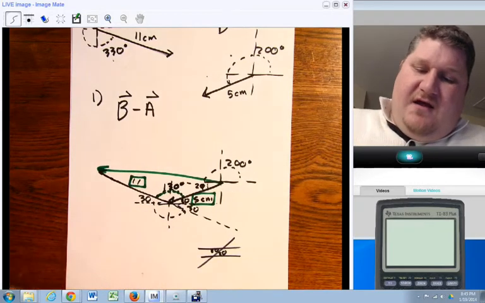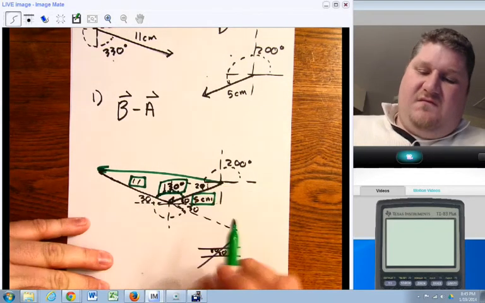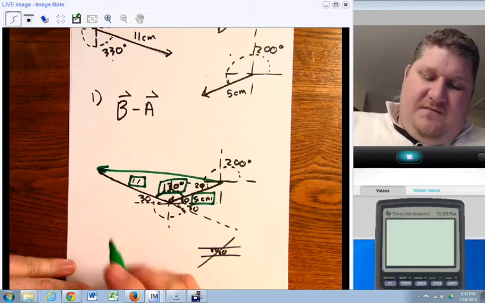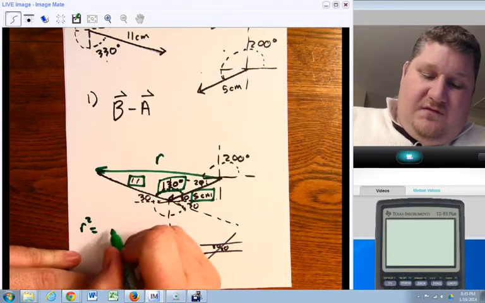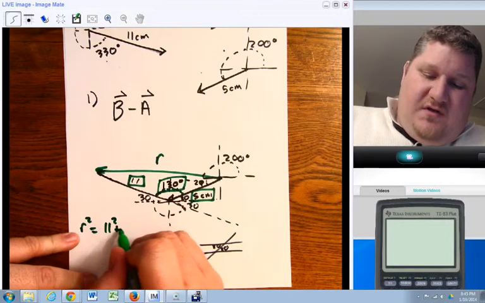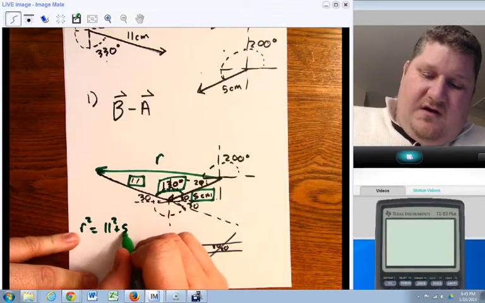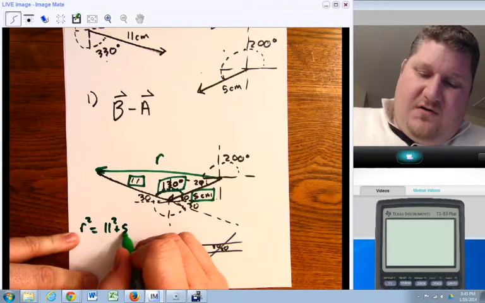So I now have enough information to use side angle side and say the resultant squared equals 11 squared plus 5 squared minus 2 times 11 times 5 cosine 130.